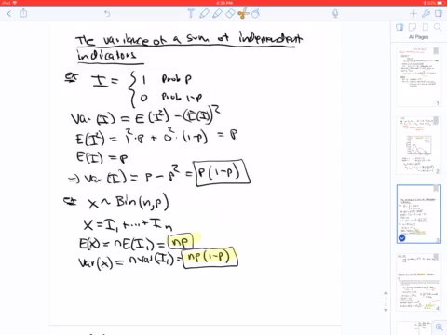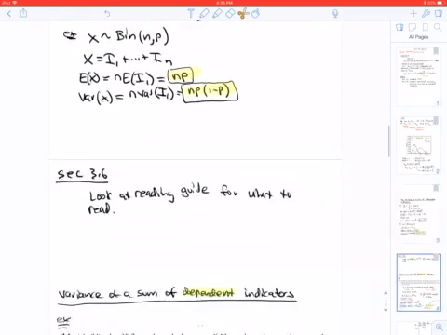And the expectation of I squared is P. And the expectation of I is P. So the variance of I is P minus P squared, or P times 1 minus P. Now, if X is binomial, we write X as a sum of n independent Bernoulli P trials, and the expectation and variance distribute across those sums. So we just get the expectation of X is NP, and the variance of X is NP(1 minus P), or NPQ.